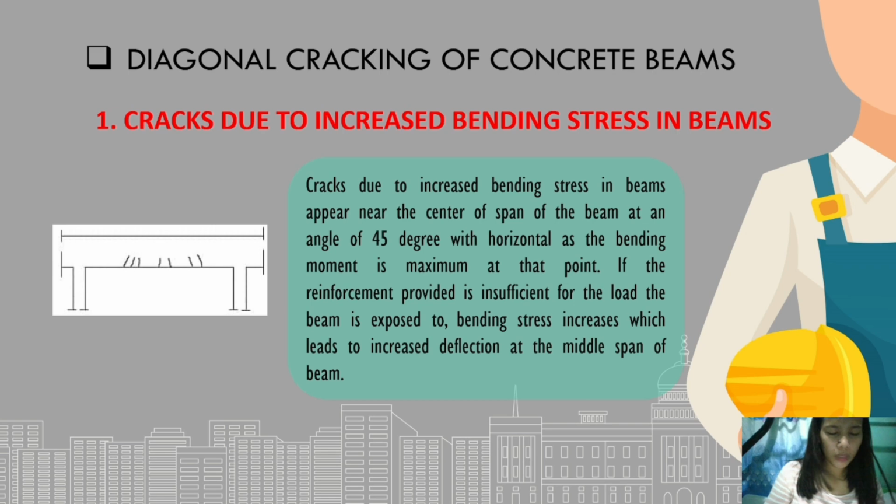If the reinforcement provided is insufficient for the load the beam is exposed to, bending stress increases, which leads to increased deflection at the mid-span of the beam. Cracks due to increased bending moment can be prevented by providing adequate main reinforcement at the midspan of the beam.